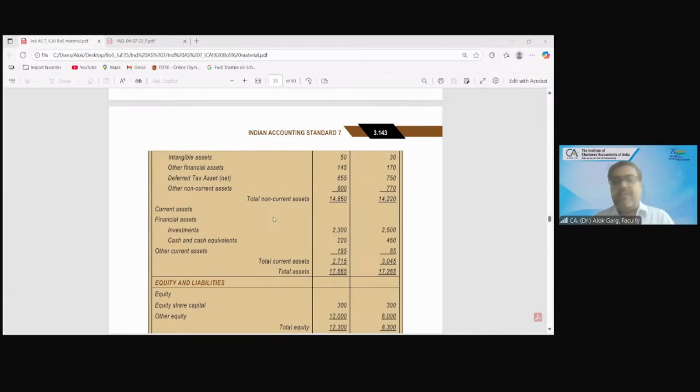And this 105 treatment should also be there. Is that clear? Because I don't have the P&L account, I have only whatever money I have paid. I have only 105 as paid. So this deferred tax asset charge will also be reduced.